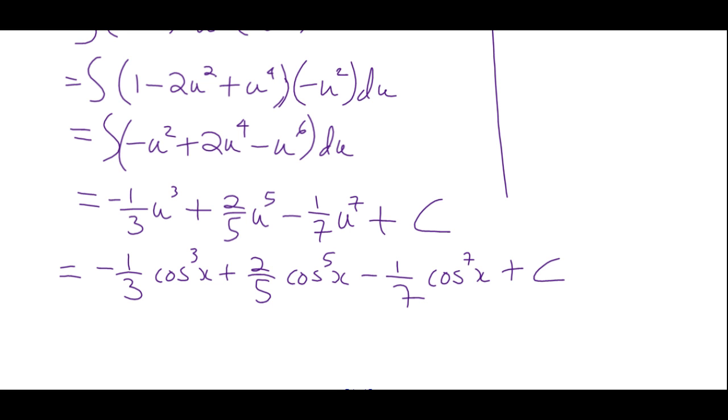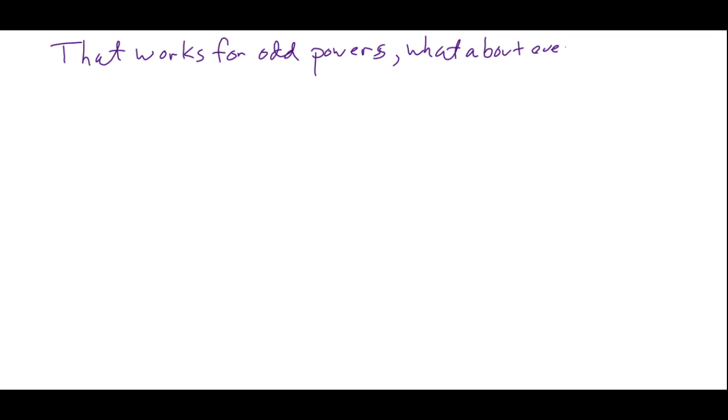So that's odd powers. What if we get even powers? That works for odd, and we'll summarize this at the end. What about even? Okay, so if we have even, then we're going to go to our formula sheet, which says that cos 2x is equal to 2 cos squared x minus 1.